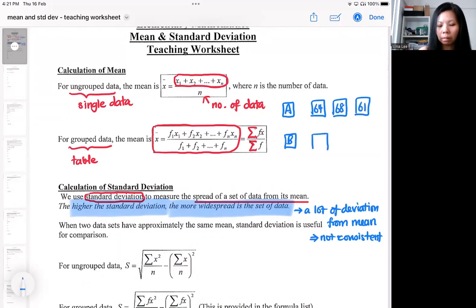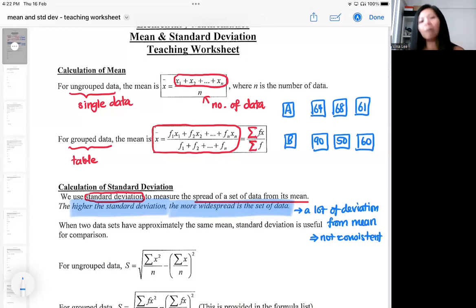Another student can be something like 90, 50, and then 60. If you look at student A and student B, without doing any calculation, I will just tell you that student B actually got more deviation. If you look at student B's result, sometimes he can get very high, sometimes he can just pass. So I will say student B is not so consistent.